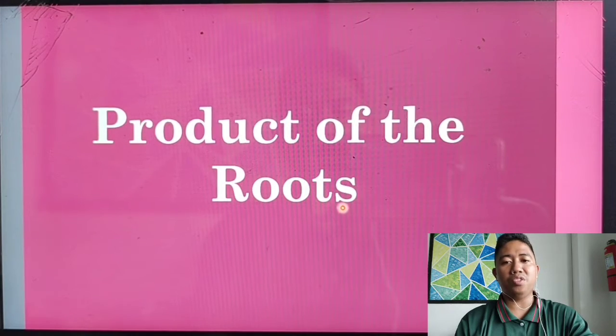Today we are talking about the product rule, which involves the multiplication of radical expressions.